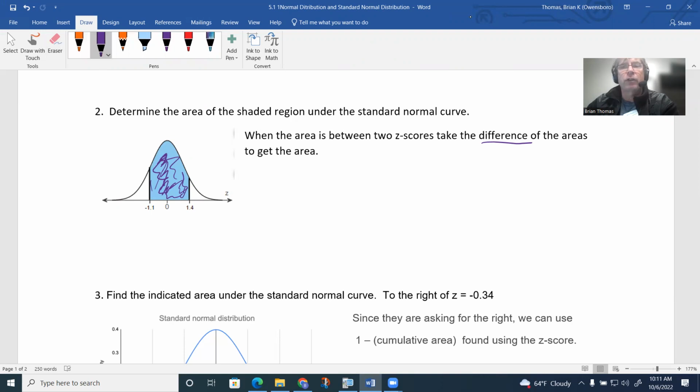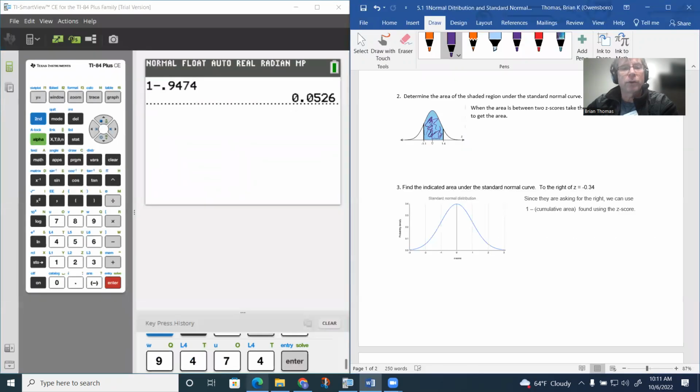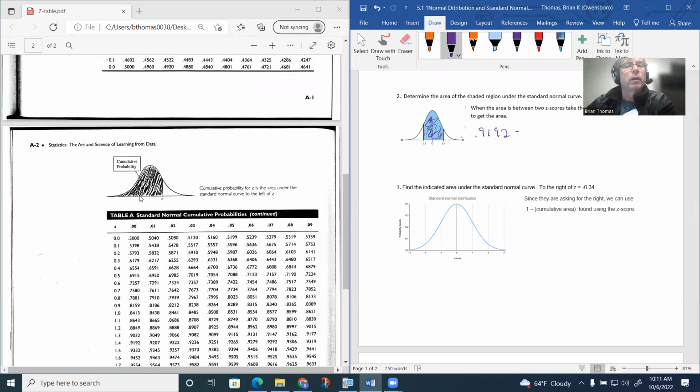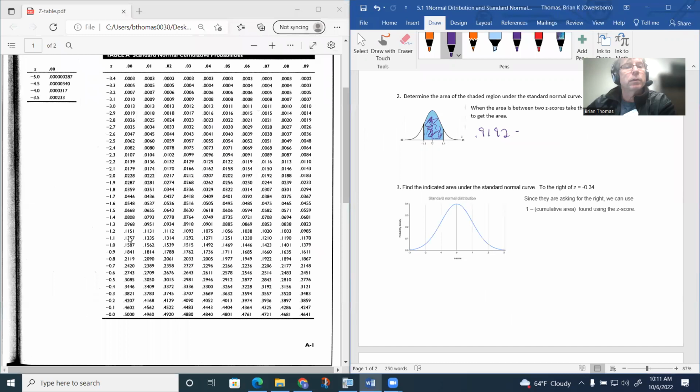So let's find the 1.4 to start with. 1.4 would be 0.9192, and we're going to subtract the negative 1.1, which is 0.1357.